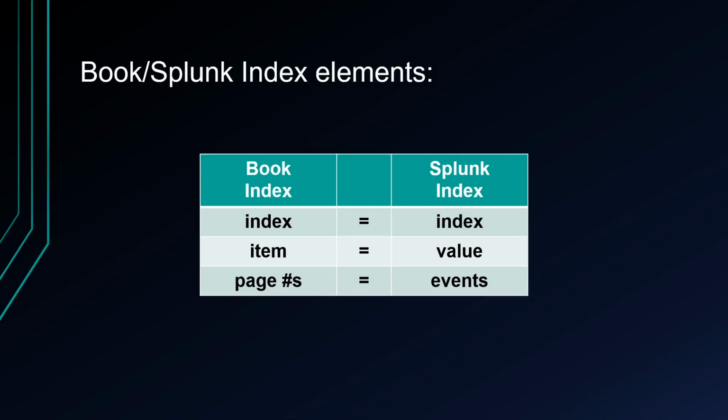And you'll see in a Splunk index, the item is actually a value, and the page numbers are actually events. So from a book index to a Splunk index, an item in Splunk is called a value. A page number in Splunk is called an event.